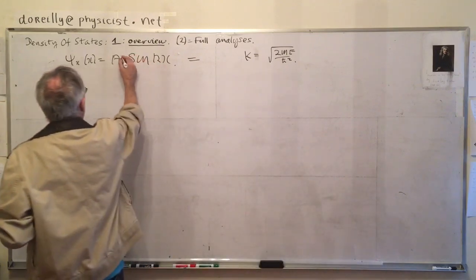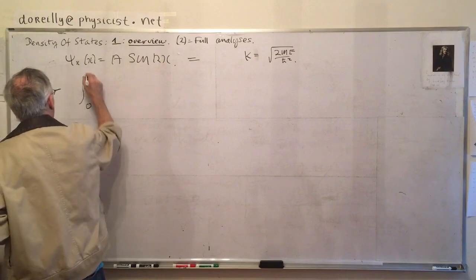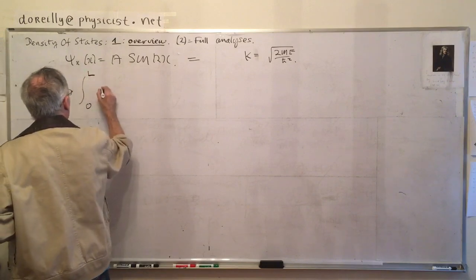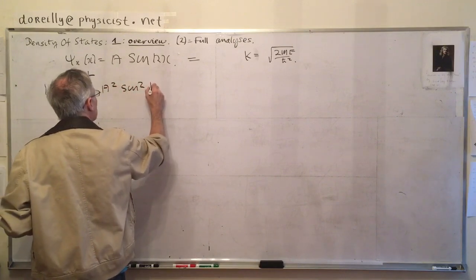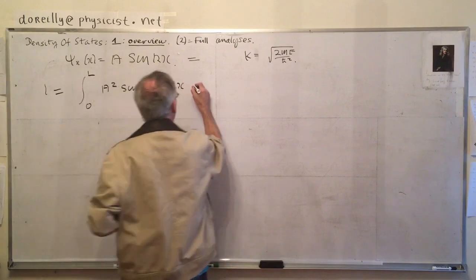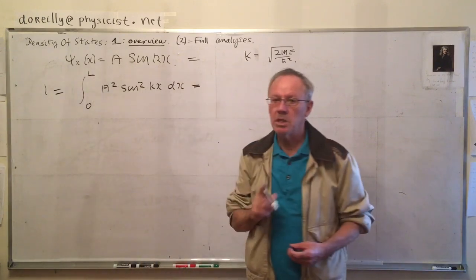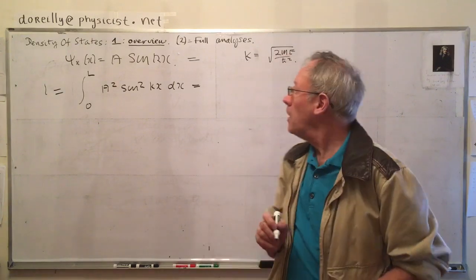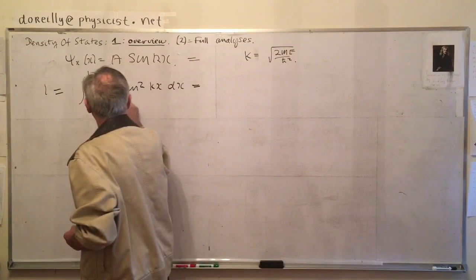Now, we need to find out what the a is. Overall space, the electron must be somewhere. So the wave function, psi of x, is normalized to 1.